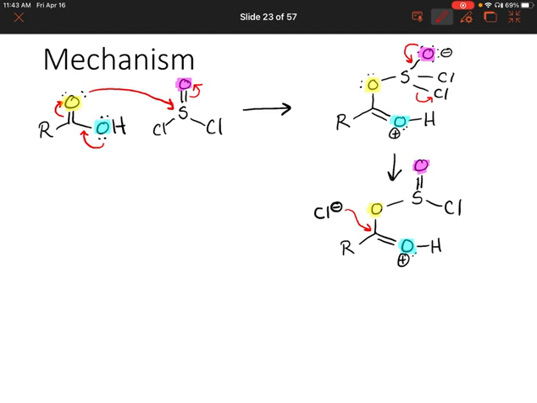Now, when we do that, pi electrons are going to move over to the blue oxygen. So now we have a tetrahedral intermediate. So on the bottom we have our alkyl group and an alcohol group. On the top we have our chloride, and we also have oxygen bonded to sulfur.